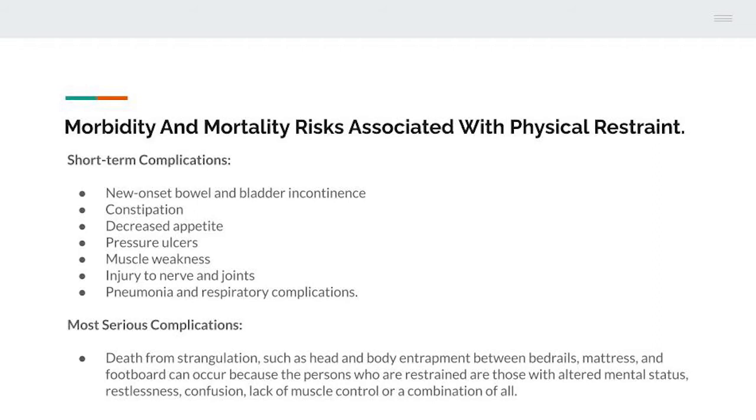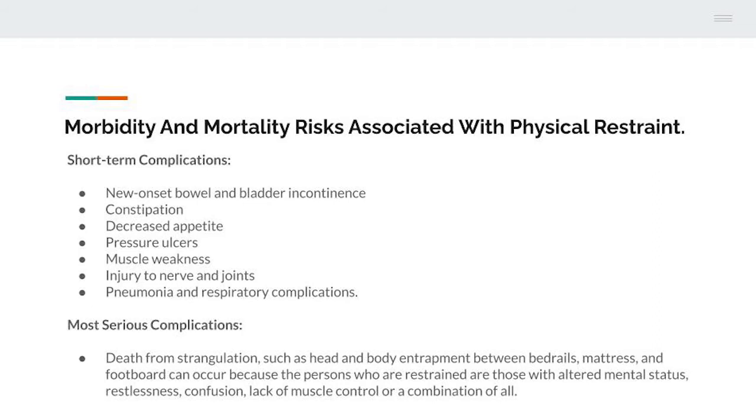There are morbidity and mortality risks associated with physical restraint use. Short-term complications include new onset bowel and bladder incontinence, constipation, decreased appetite, pressure ulcers, muscle weakness, injury to nerves and joints, and pneumonia and respiratory complications.